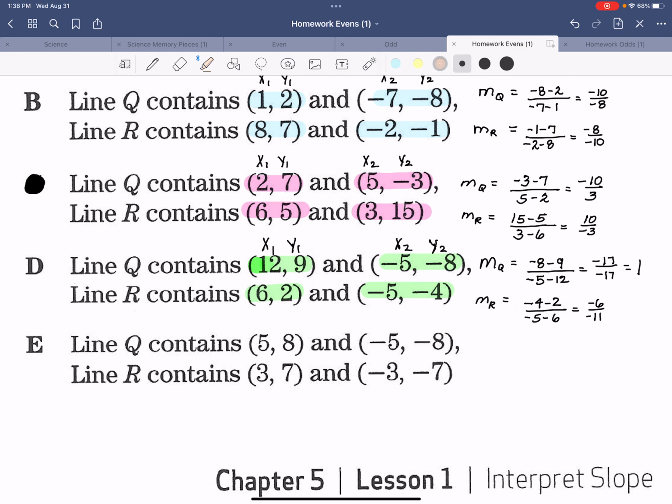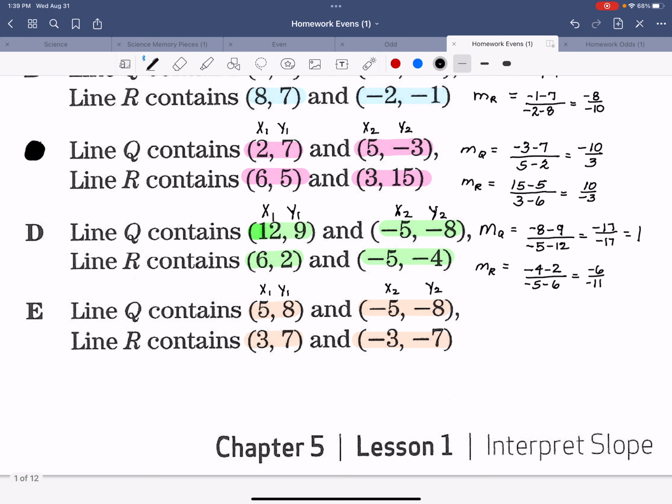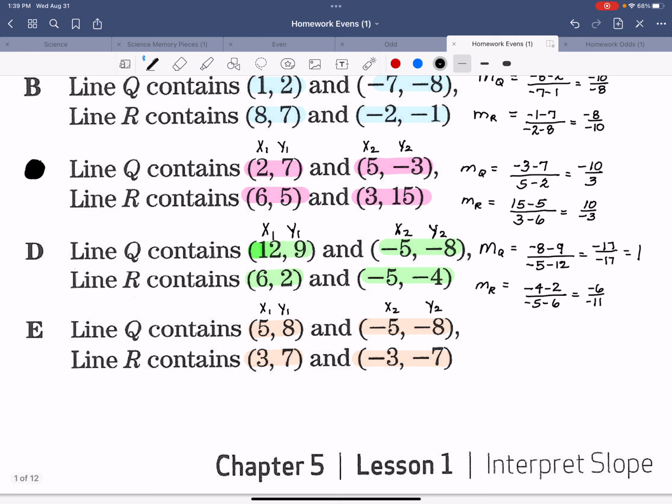And finally, we have 5, 8, -5, -8, and then the same only with 3 and 7. So X1, Y1, X2, Y2. So here we go. M, slope of Q, is -8 minus 8. That's -16.